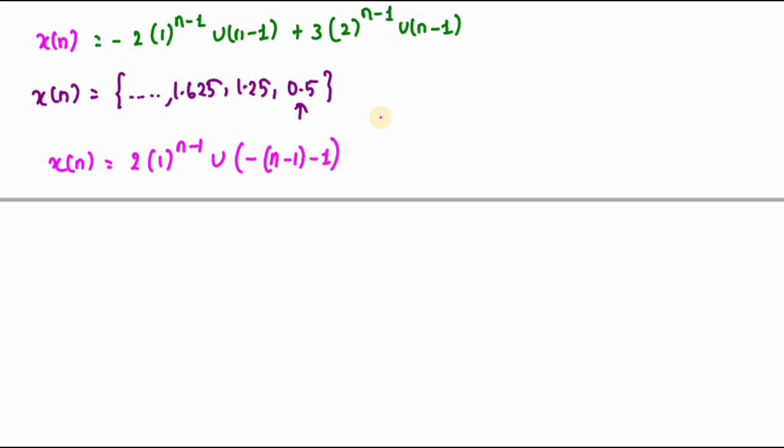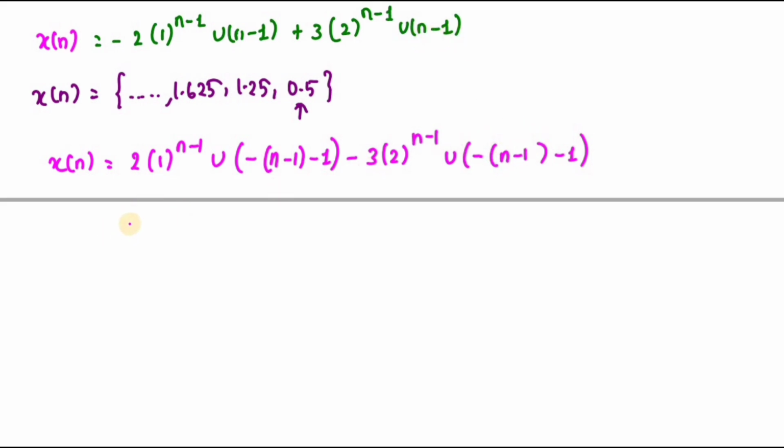Okay. So since I have plus, you have to change it to minus 3 into 2 power n minus 1 u of minus of n minus 1. Okay. So since I am not having n here, I am having n minus 1, you have to substitute n minus 1 here.